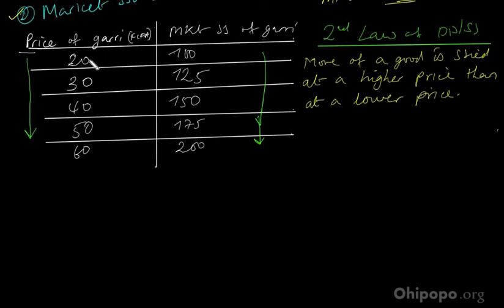This one is practical here. When the price is just 20 francs, you see that just 100 cups are being supplied. But when the price increases to 60 francs per cup, you see that up to 200 cups are being supplied in the market.